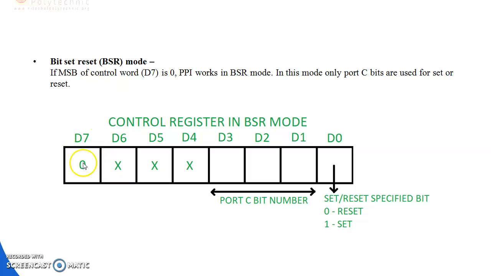Here the D7 bit is 0. Then the D6, D5 and D4 bits do not matter. On the D0 bit, if it is 0 then it is reset, and if it is 1 then it is set. Then D1, D2 and D3 bits are used for the bit number.